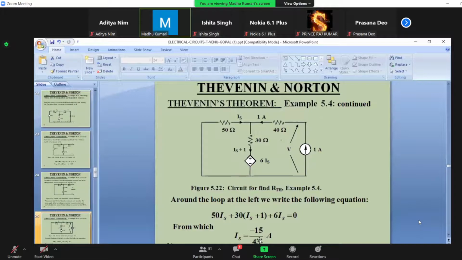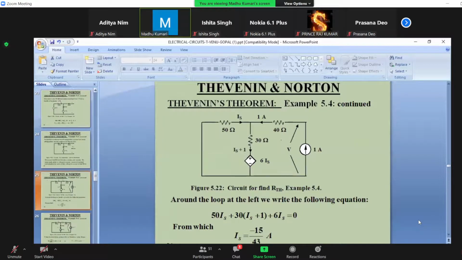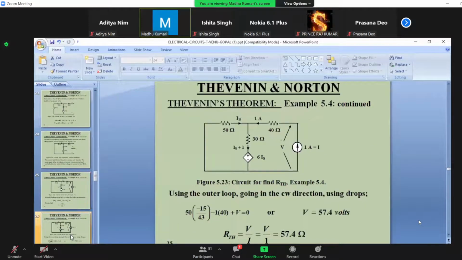Did this make sense? Maybe not. A little bit. You don't have to do anything here except assume an imaginary source. An imaginary source of 1 ampere. And with that 1 ampere, we will use KVL for this loop.